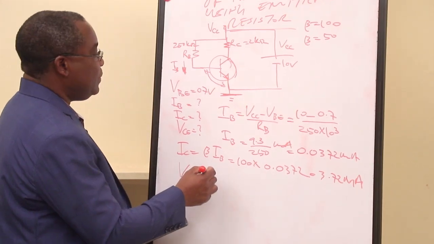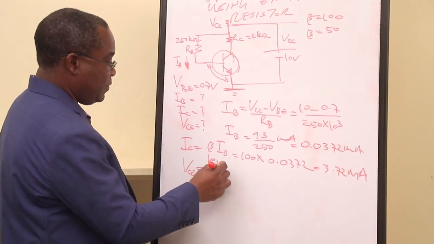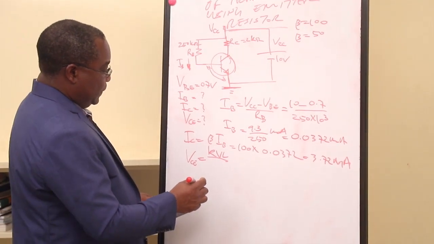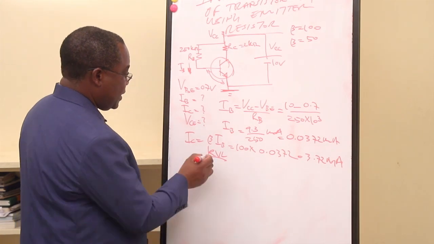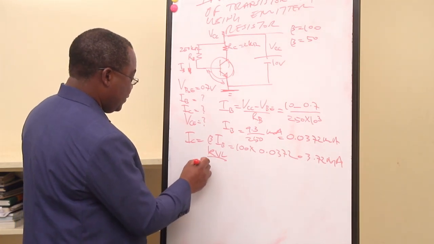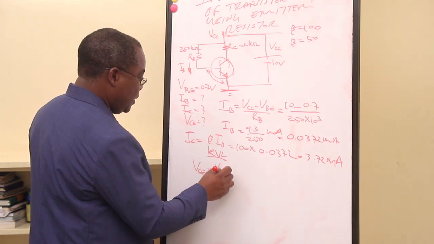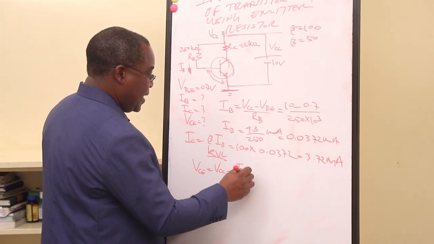So we have to look for VCE. VCE is equal to, and this is just using Kirchhoff's voltage law. VCE is equal to VCC minus IC RC.